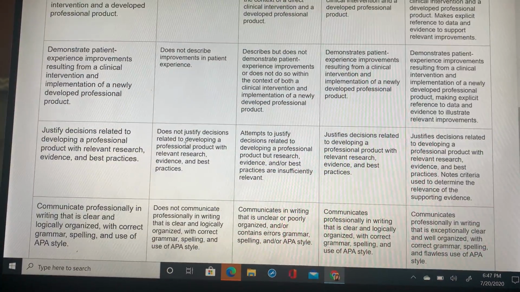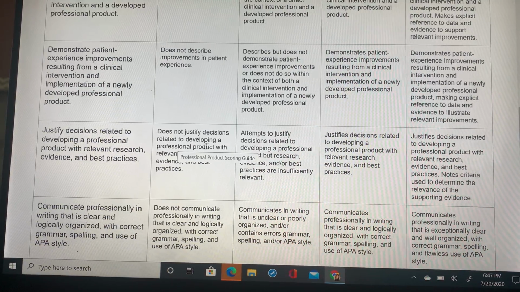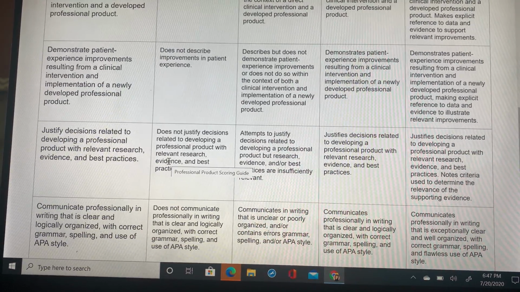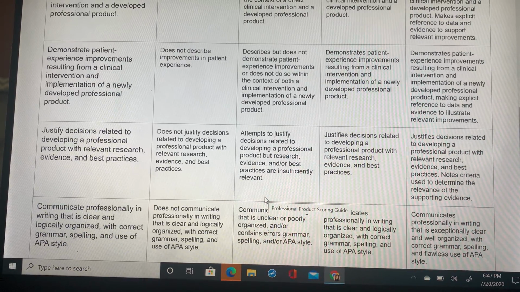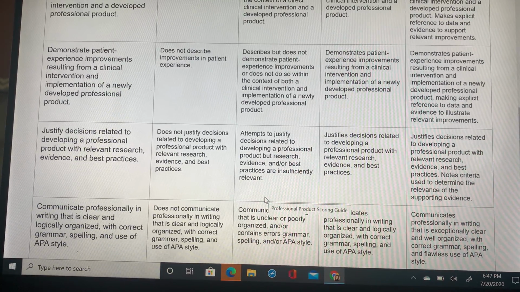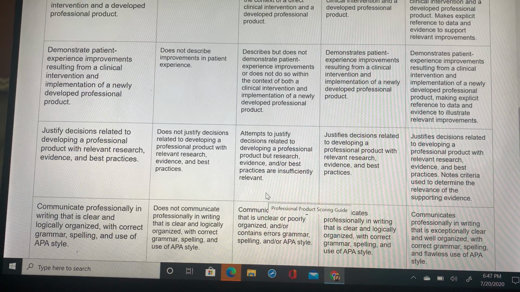Non-performance does not justify decisions related to developing a professional product with relevant research, evidence, and best practice. Basic attempts to justify decisions related to developing a professional product, but research, evidence, and or best practice are insufficiently relevant.